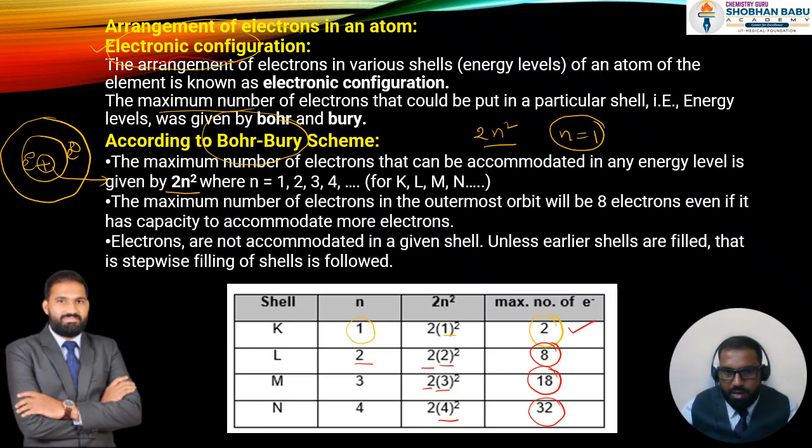Now we come to a conclusion that the maximum number of electrons can be calculated for simple electronic configuration from the Bohr-Bury scheme. That is 2 for the first shell, called 2n square, and for the second shell it is 8, third shell it is 18, fourth shell it is 32.